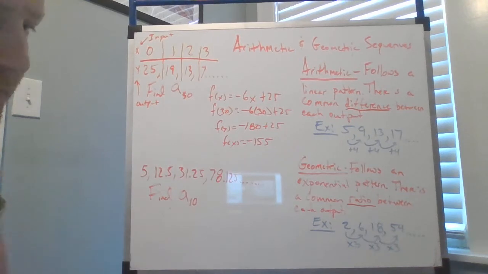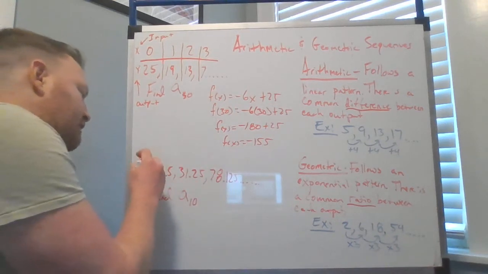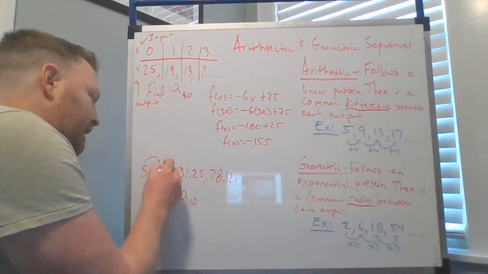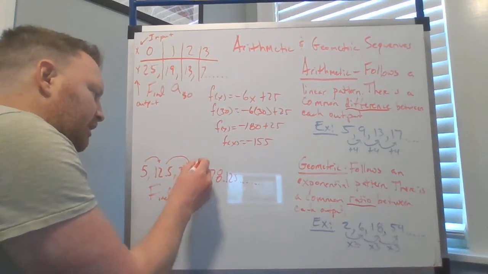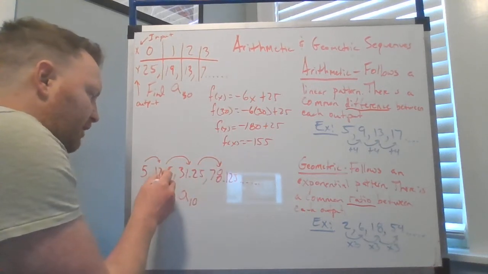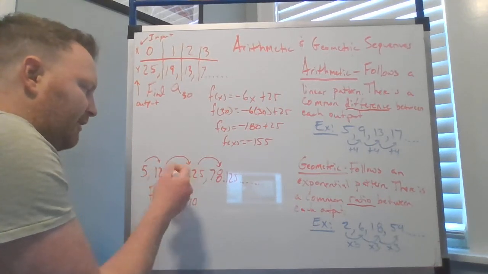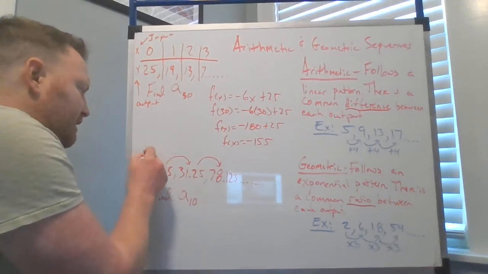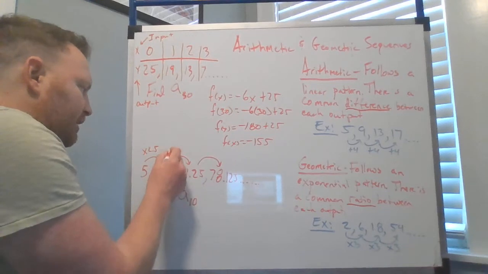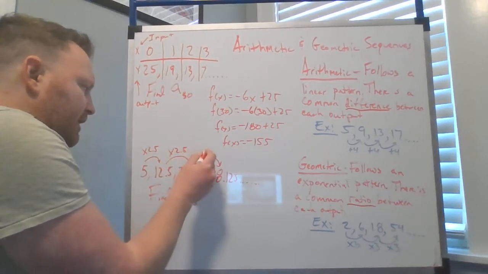Down here I got another one for you, and I can see this one is following an exponential trend, all right? And how do I figure out what this is multiplying by? Well, I'll just take 12.5 divided by 5. Take 31.25 divided by 12.5, and you find the common ratio there is it is constantly multiplying by 2.5.